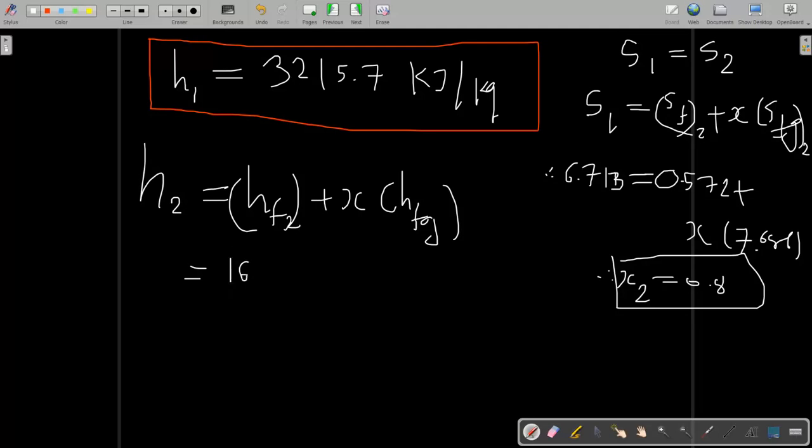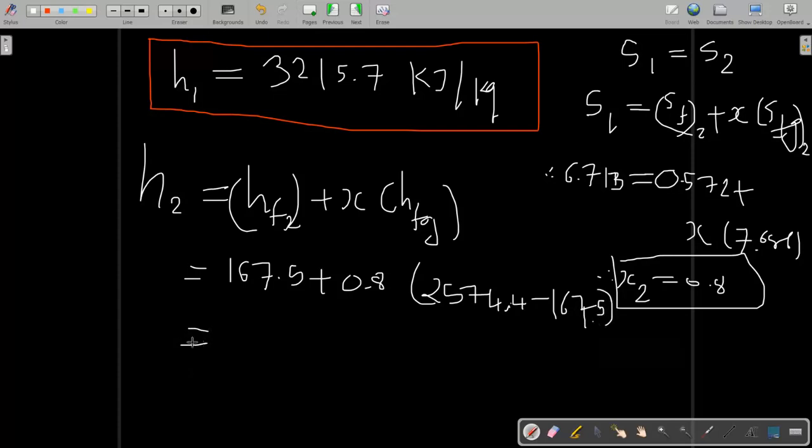So this is 167.5 plus 0.8 times (2574.4 minus 1607.5). When you solve this, you have the value of enthalpy at point 2 as 2093.02 kilojoule per kg.